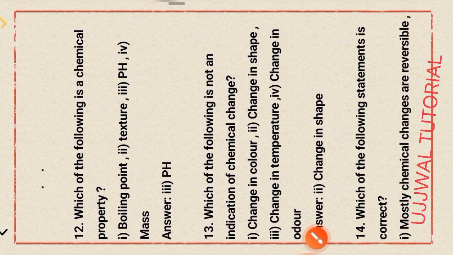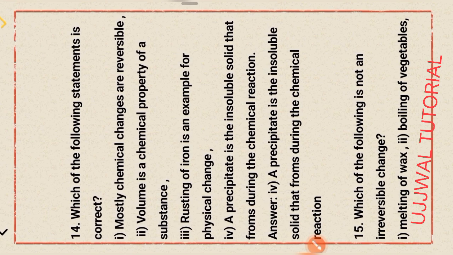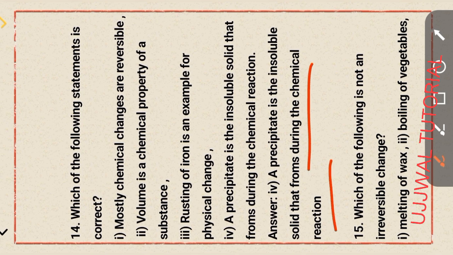Okay, question number 14. Which of the following statement is correct? That is option 4. A precipitate is the insoluble solid that forms during the chemical reaction. Okay, but option 1, 2, 3 is not correct.